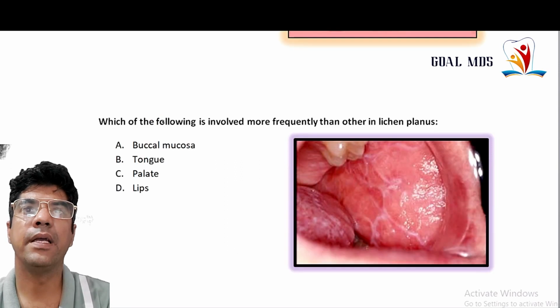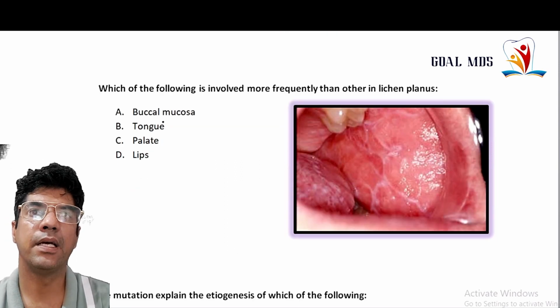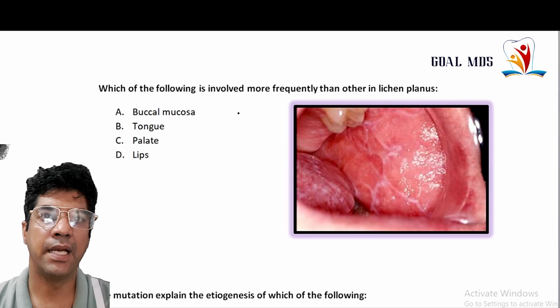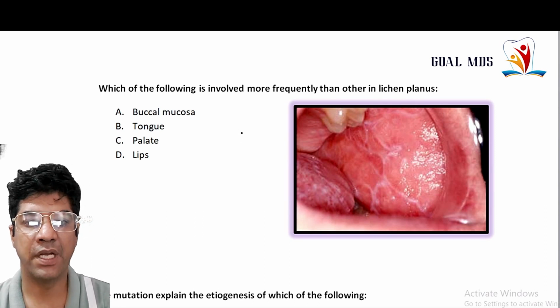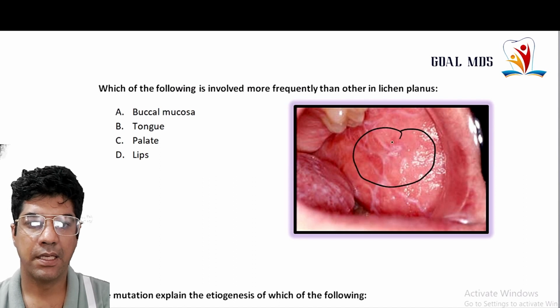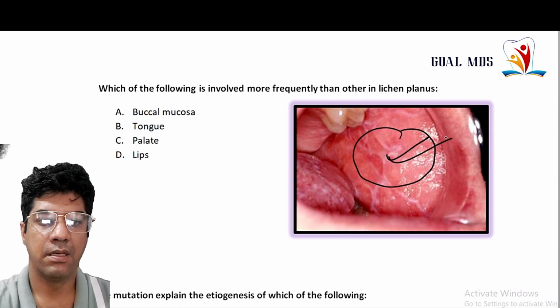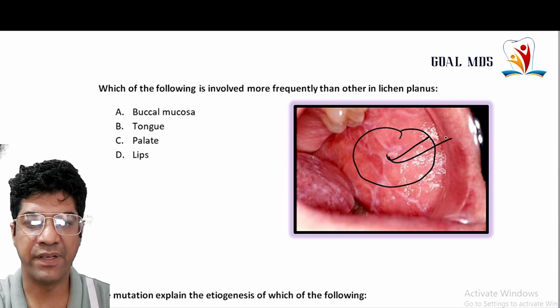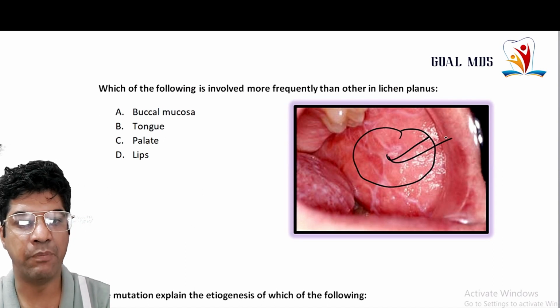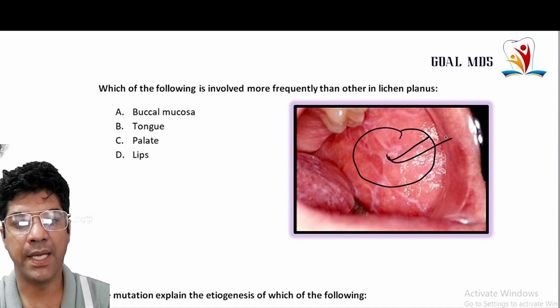Which of the following sites is more frequently involved than the others in lichen planus? So the buccal mucosa is involved more frequently than the others. The buccal mucosa is one of the most common affected sites in oral lichen planus.